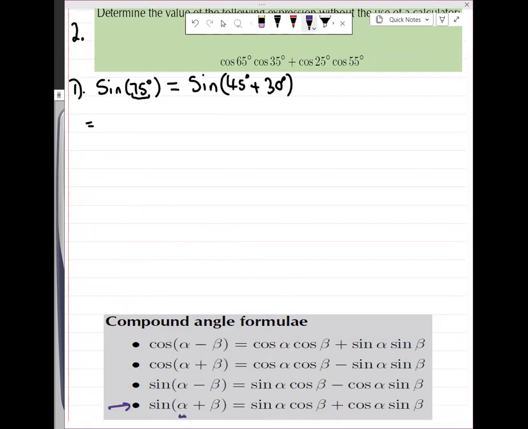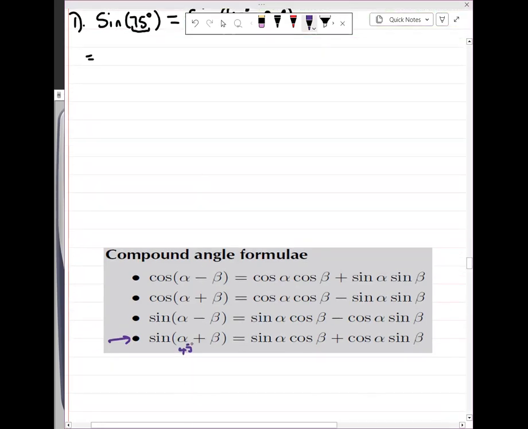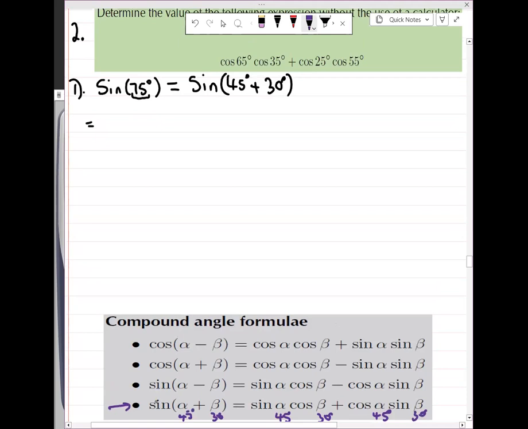Sine, let's do this. Our alpha is 45 in this case, and our beta is 30. So where there's alpha, I'm going to put 45, and where there's beta, I'm going to put 30. This part I already wrote at the top. So I'll just write the right-hand side now.